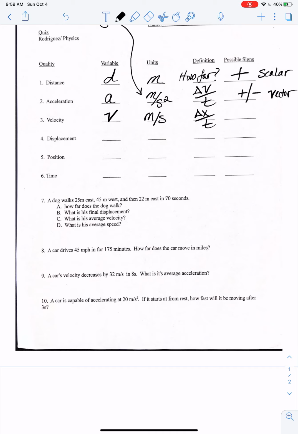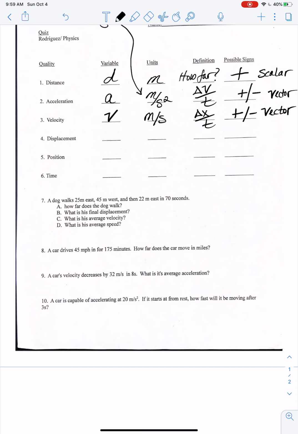So you can see then acceleration is how quickly your velocity changes per unit of time, and velocity is how quickly your displacement changes per unit of time. All right, I like that a little better. Possible signs here, positive or negative, because displacement is a vector and therefore velocity is a vector. So positive or negative velocity indicates the direction you're traveling.